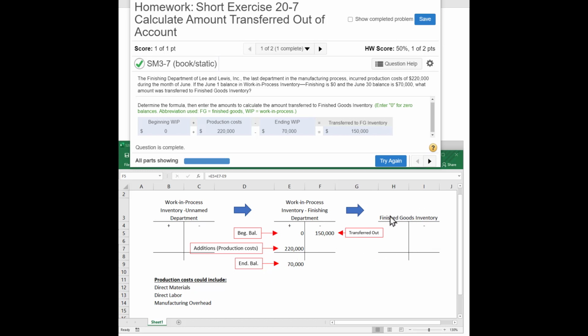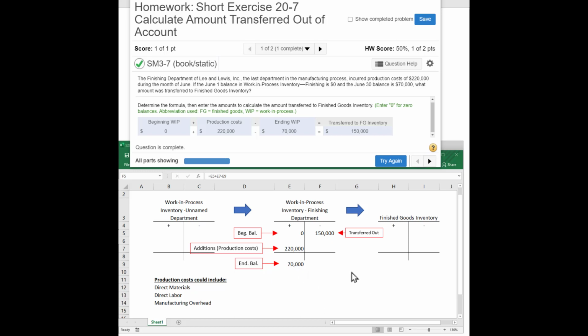The other thing that's really important to understand, before we do the production cost report, is the difference between to account for and accounted for. Beginning balance plus the additions is the costs to account for. They must equal the amounts accounted for, which is the amount transferred out plus the ending balance.